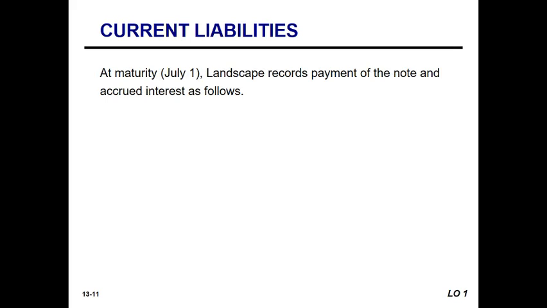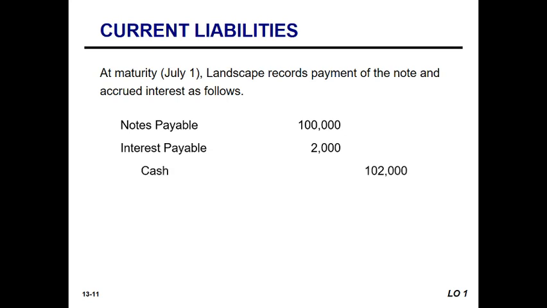Now, on maturity, 1 day later, July 1st, they have to pay the full note and accrued interest. So we are going to have notes payable decreasing by $100,000. We're going to have our interest payable decrease by the $2,000 in interest. And then we're going to have $102,000 worth of cash that we are going to pay out to Castle National Bank.